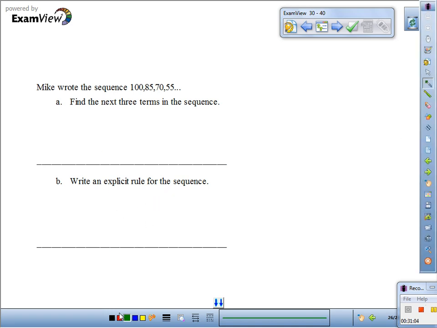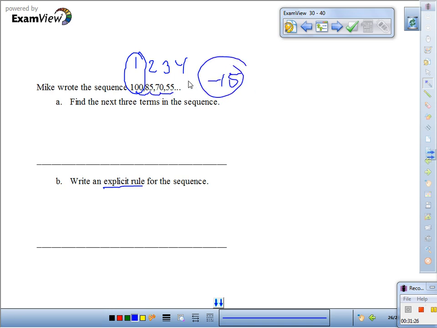Here it goes. I'm going to show you how to find the explicit rule. Everybody ready? What do we need? First, let's label how many terms we have. We have term 1, 2, 3, and 4. What do we need to find my rule? I need the first term, and I need the pattern. What is the pattern? What's happening from here to here to here to here? Minus 15. So those two pieces of information I need.